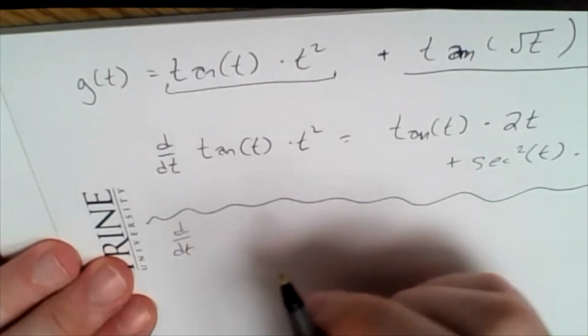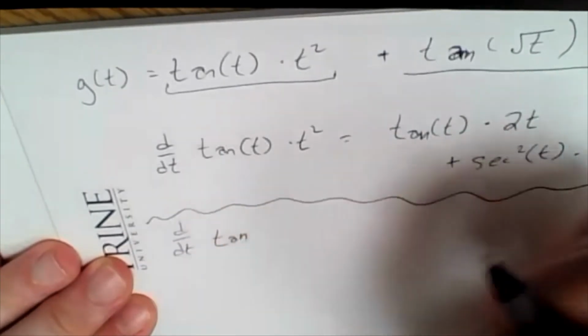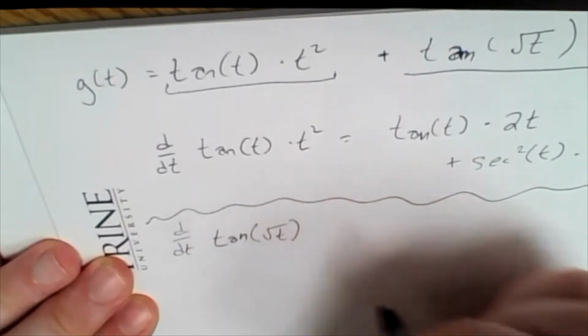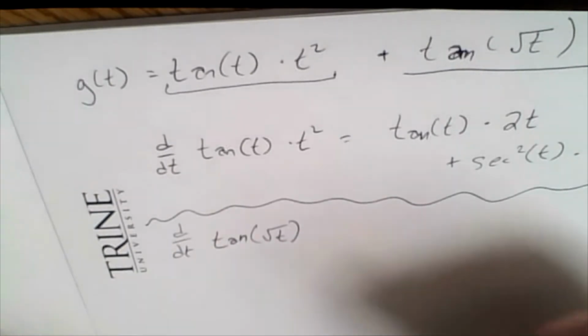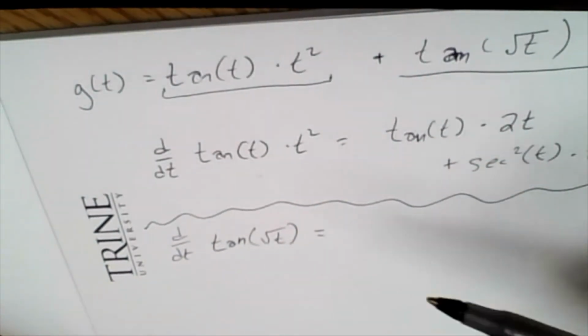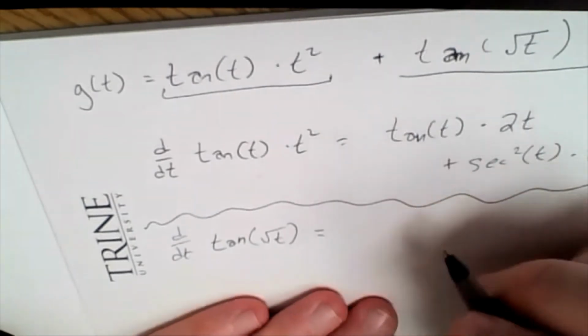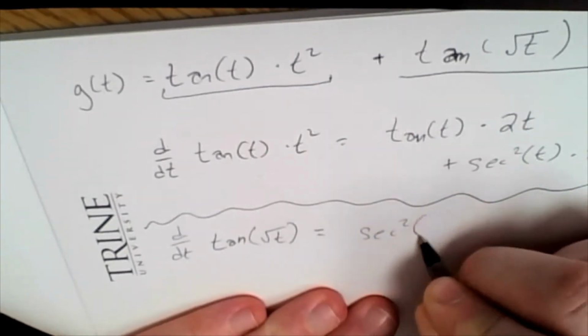Next, I'm going to take the derivative of the other part of my original function, the tangent of the square root of t. This is a chain rule. My outside function is the tangent. My inside function is the square root. I know that my derivative of the tangent function is secant squared.